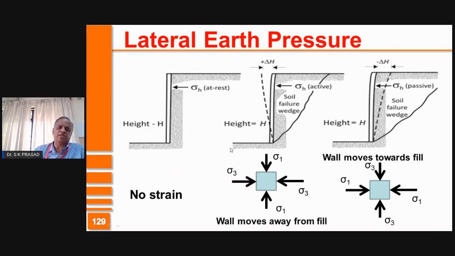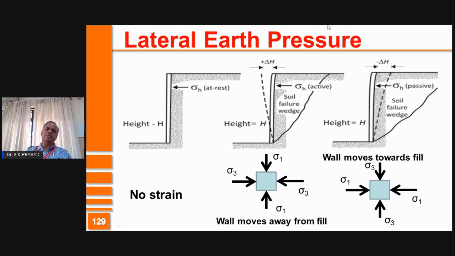So this is a condition of at rest. The wall has not moved at all. There is no strain at all in the ground. The wall remains intact in its position. Still, you can see the soil is subjected to some vertical stress and some horizontal stress. So that's what you have to understand.